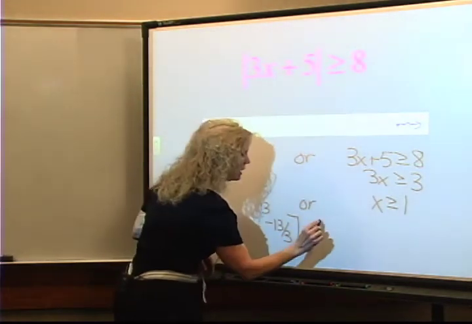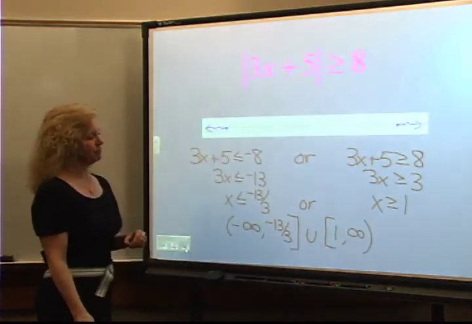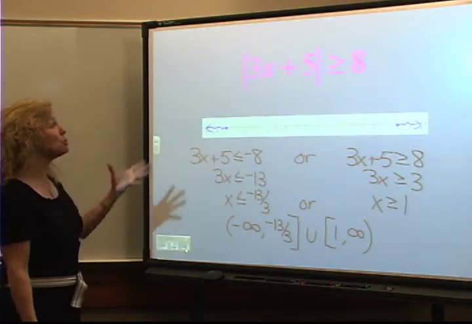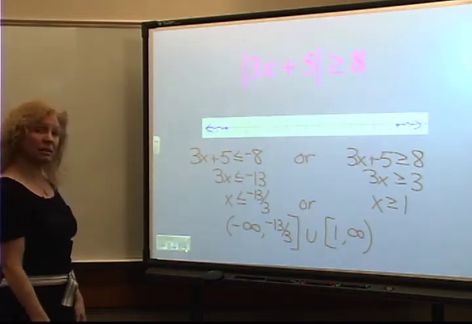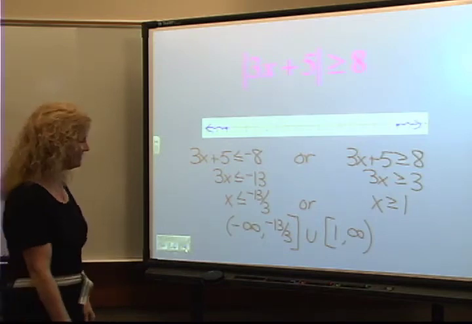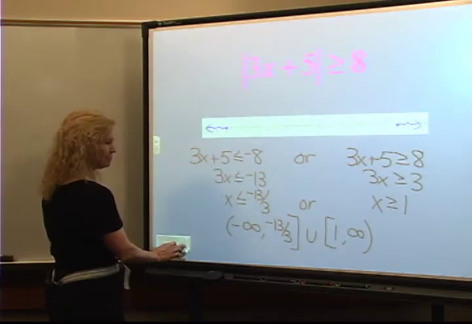Union, 1 and bigger, would be 1 all the way up to +infinity. And I have infinitely many answers to that particular inequality. By the way, I also have infinitely many non-answers. Pick anything in between here, that's not going to work well.